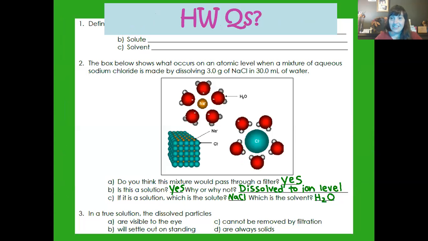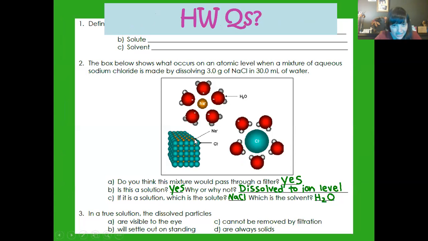All right, let's take a look at last night's homework, homework 10. So I'll just go over some of the answers, but if you have questions about any part of it, you can always email me. All right, the box below shows what occurs on an atomic level when a mixture of aqueous sodium chloride is made by dissolving 3 grams of NaCl, sodium chloride, in 30 milliliters of water. So here we've got the sodium chloride.